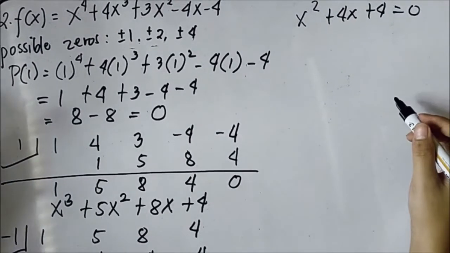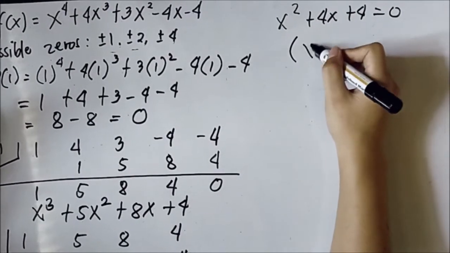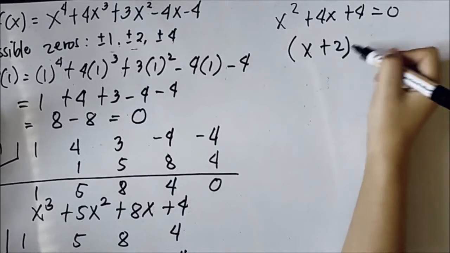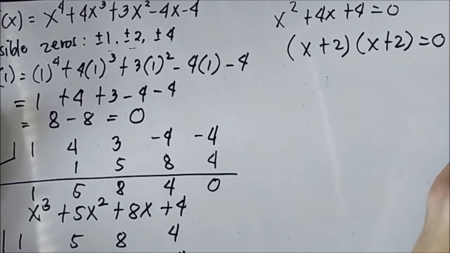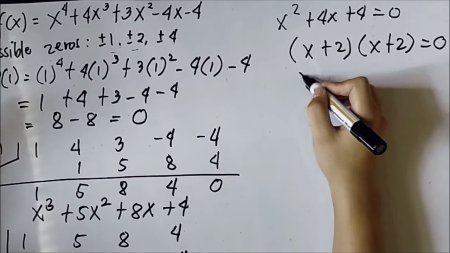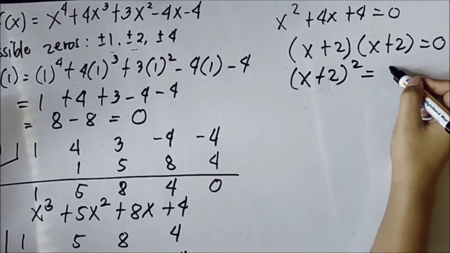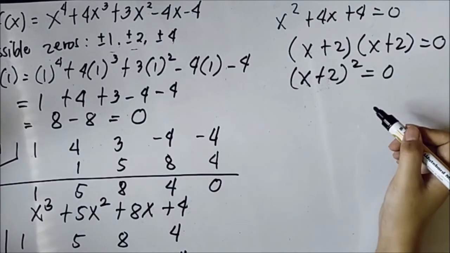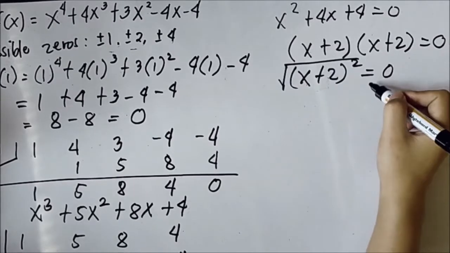Then we apply factoring. So when we factor this one, this is equivalent to x plus 2 times x plus 2 is equal to 0. Or in other words, we have x plus 2, the quantity squared, is equal to 0. Then apply extracting the square root.